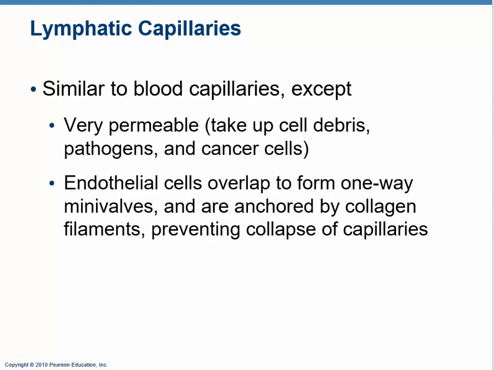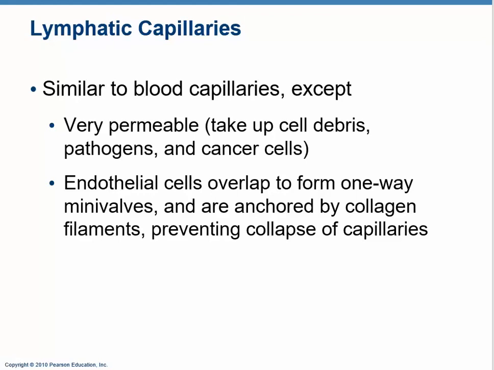So the smallest and the beginning point are the lymph capillaries, and like blood capillaries, they are made up of simple squamous epithelium. They are way more permeable than blood capillaries.